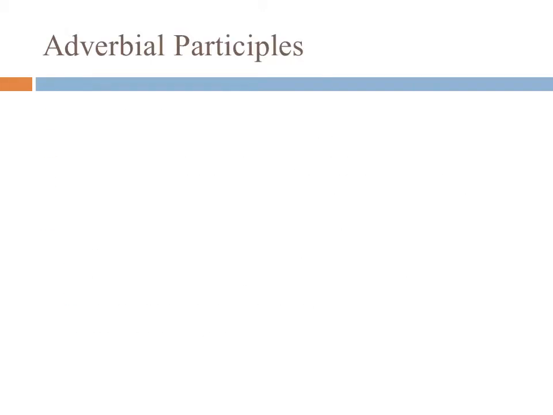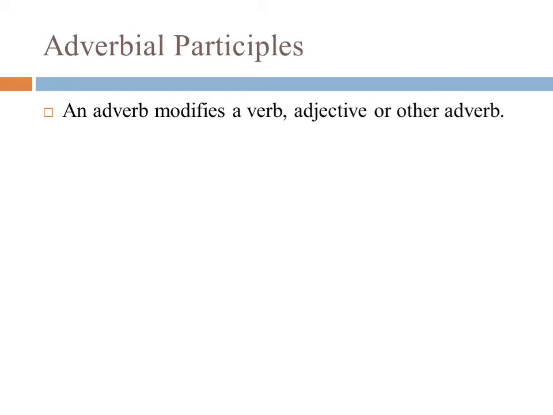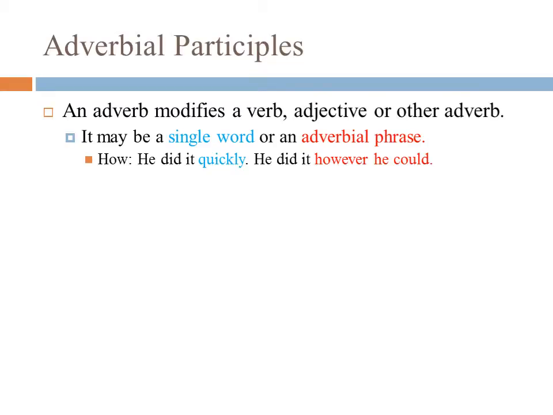Adverbial participles. An adverb is a word that modifies a verb, its main function, an adjective, or another adverb. An adverb may be a single word, or, and this is going to be very important to us, it may be an adverbial phrase. And the questions that it often asks are how.